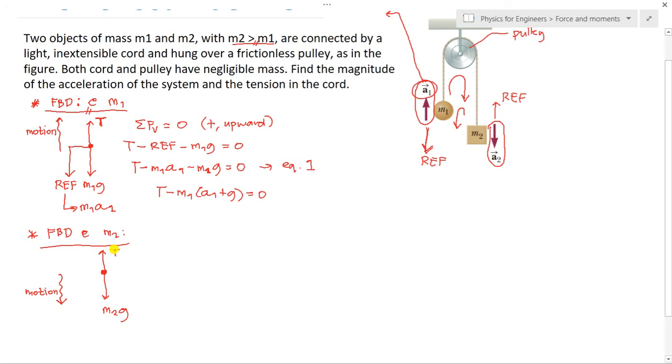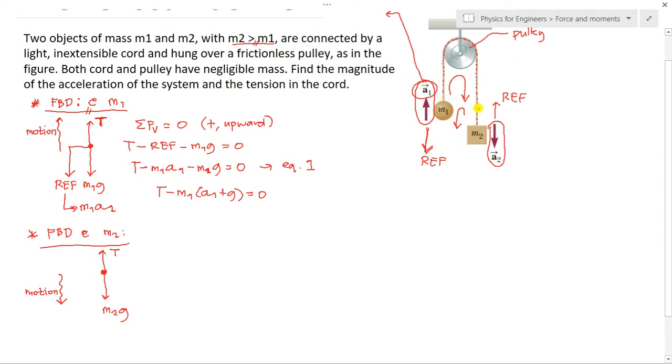And if you wonder why the tension on mass 1 is equivalent to the tension on mass 2, it is because they are connected. The rope is uniform, has no elasticity, and since they are connected, whatever the tension is on mass 1 is the tension on mass 2.